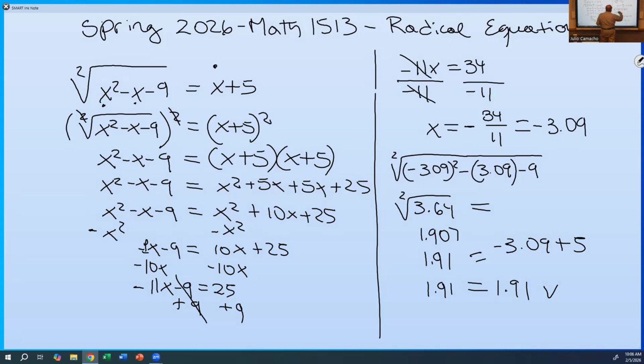And then we do the right side, where x is equal to 3.09, negative 3.09 plus 5, and you also have 1.91. That's what you have to do when you're doing your test, immediately, to be sure that the answer is correct, because if these two answers are not equal, there is no solution.